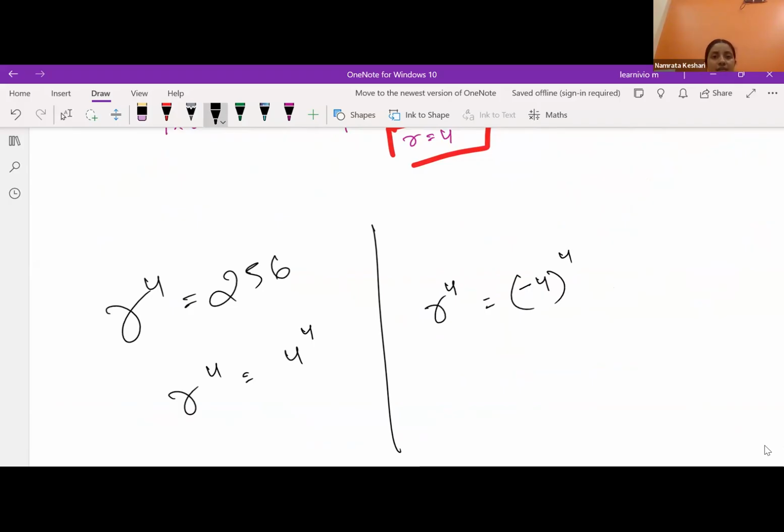We can say that, right? So there are two possible values of r. Hence, two different answers you will be getting, and it is completely fine in mathematics. Getting two possible answers is completely okay. Is it clear?